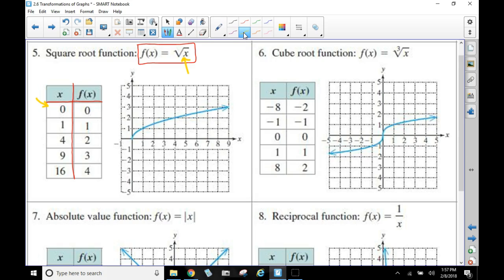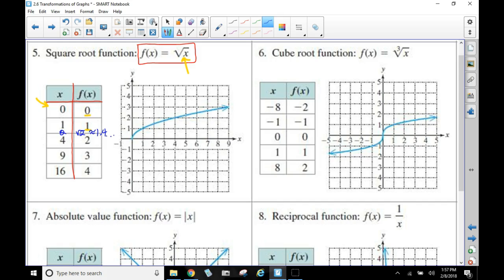So then when x is 0, the square root of 0 is 0. The square root of 1 is 1. There are also other points in here, like 2. The square root of 2 is about 1.4 and then some change.